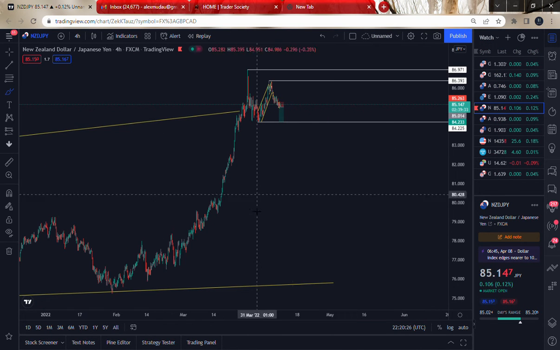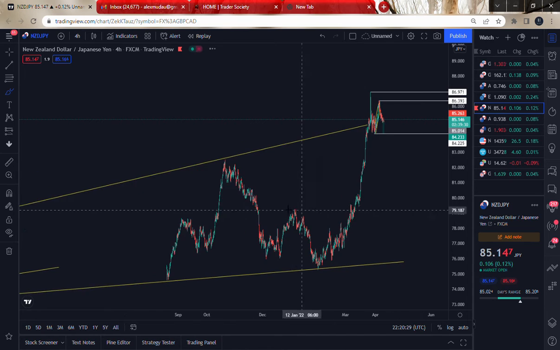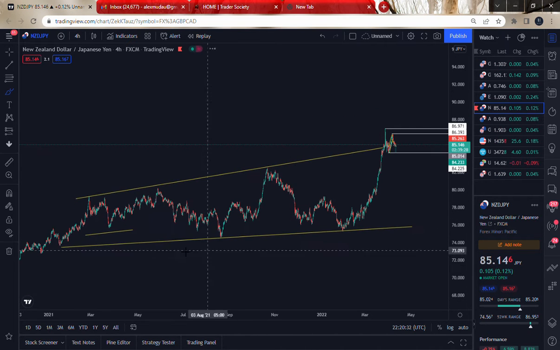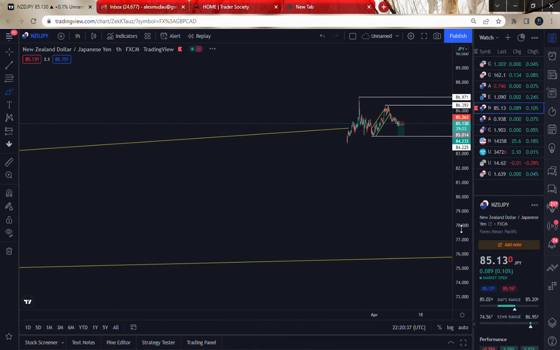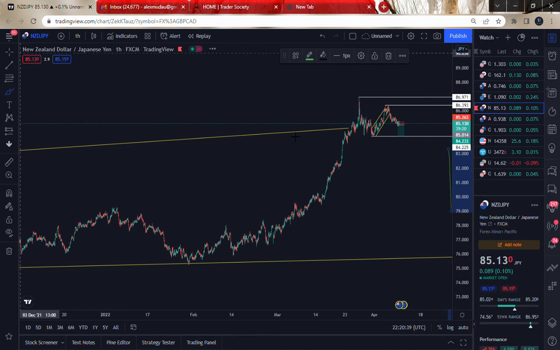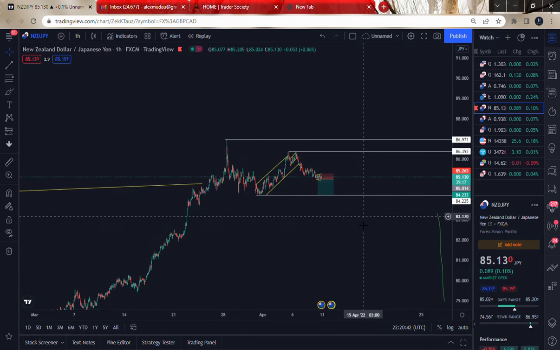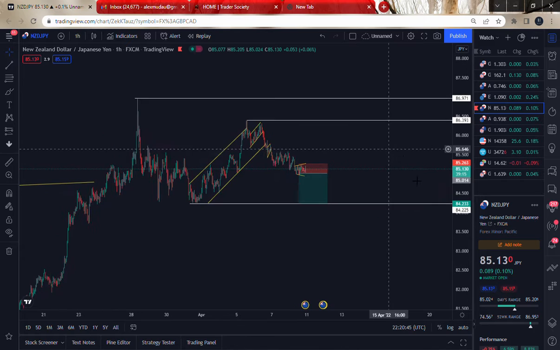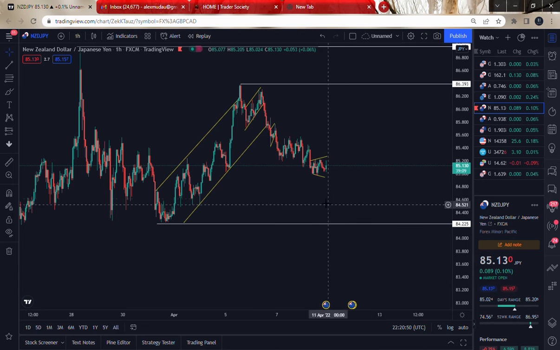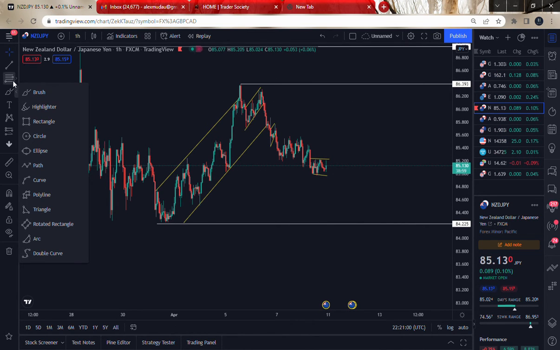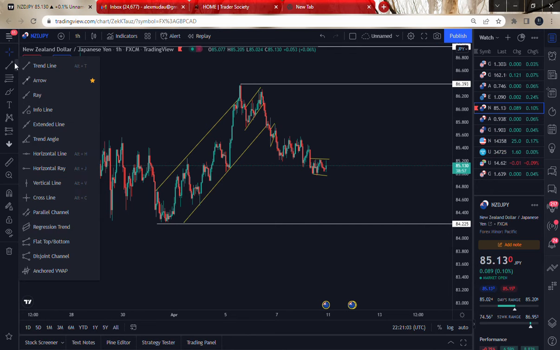And then New Zealand JPY, I am currently looking for a continuation. So as you can see, we had this overall ascending structure, and then on the 1-hour time frame, what is basically happening here on New Zealand JPY, I am currently waiting for price to complete this structure, this legal correction here, and then price should continue going to the downside.